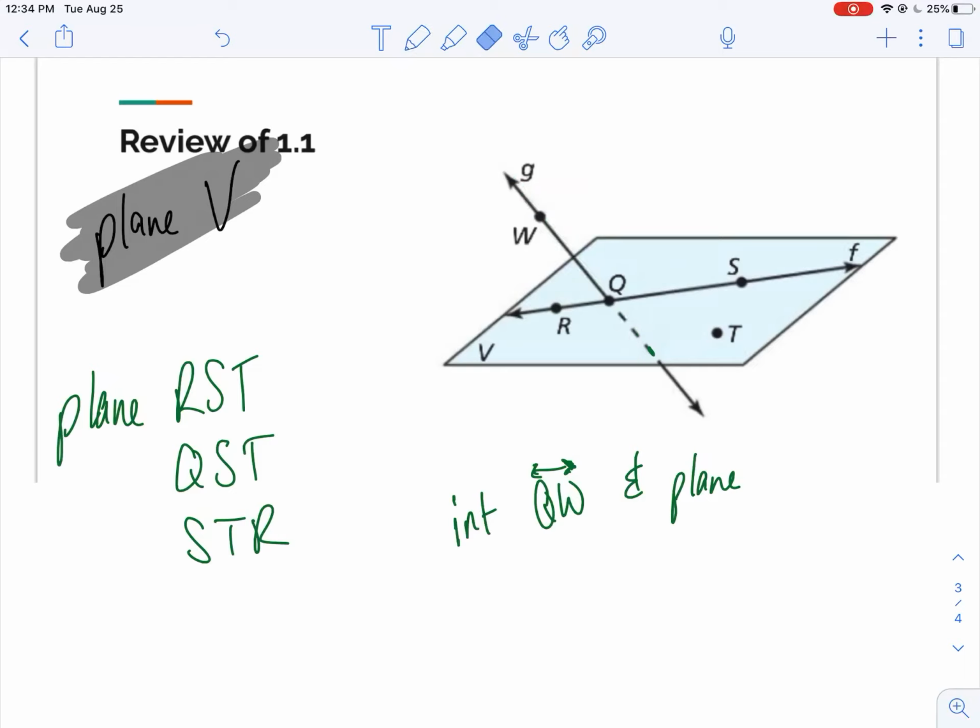And where that happens is at point Q. So point Q is what I'm looking at. So my intersection of QW and the plane is point Q.